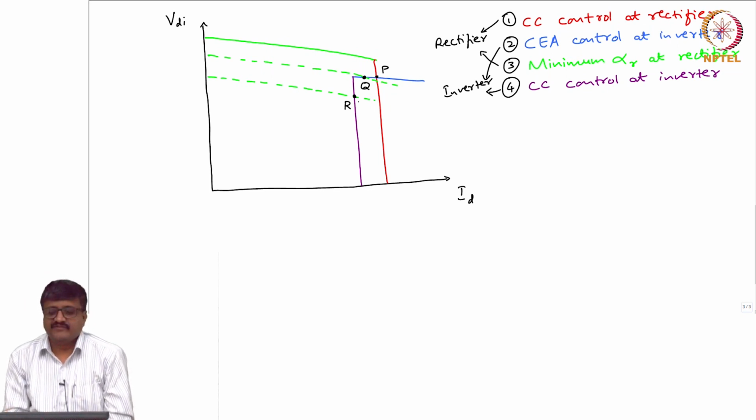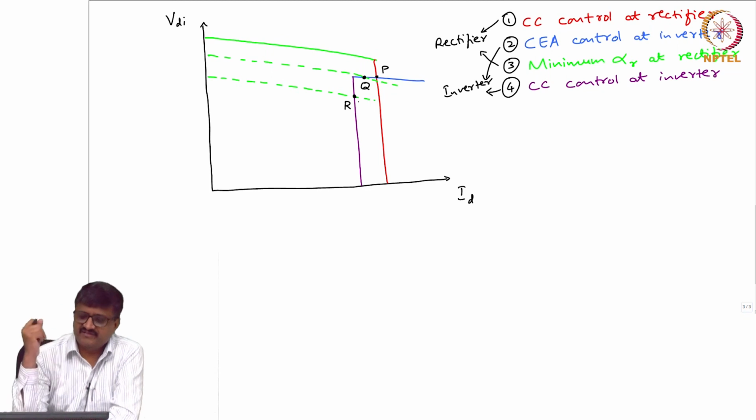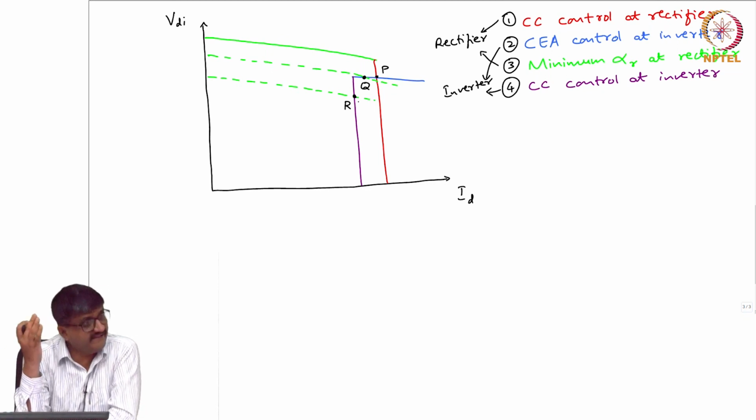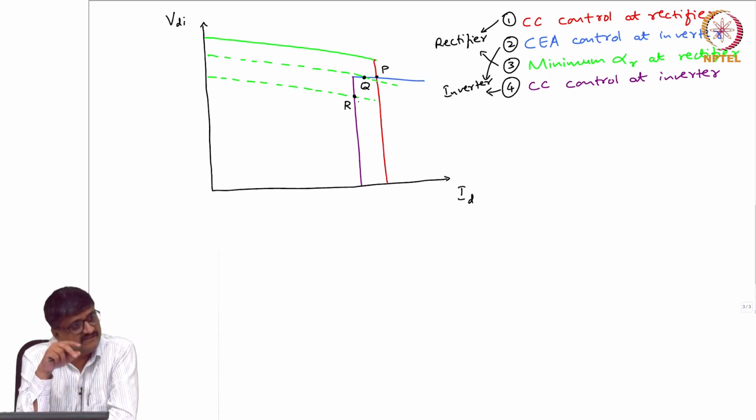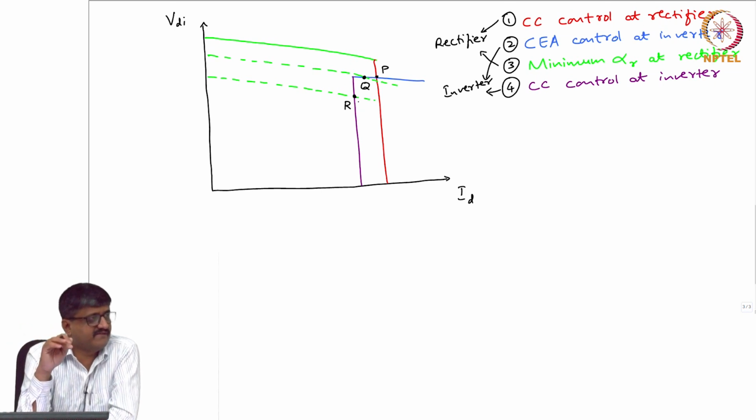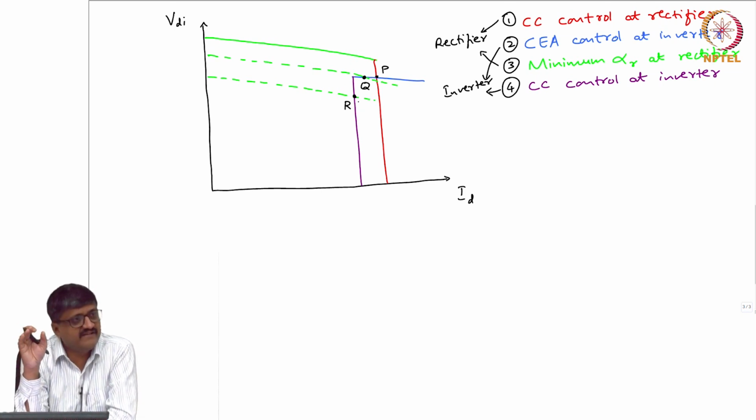So, if you look at the point of operation, originally it was the CC characteristic of the rectifier and the CEA characteristic of the inverter, that is normal operation. Of course, due to some reason the voltage on the rectifier side comes down, then it is no longer the CC characteristic of the rectifier coming into the picture. If you look at the revised green and blue intersection, CC is not playing a role here. So, it is the minimum alpha R characteristic of the rectifier and the CEA characteristic of the inverter.